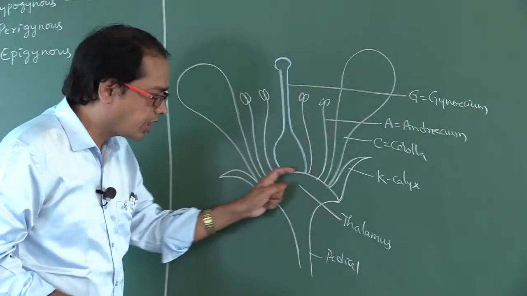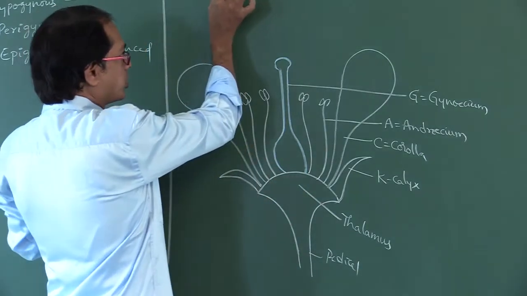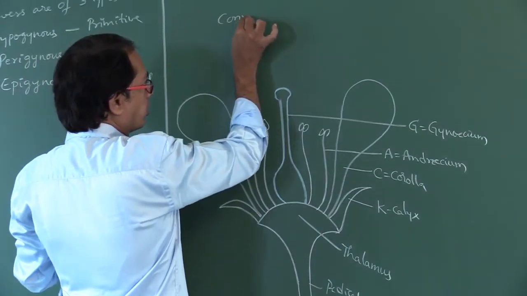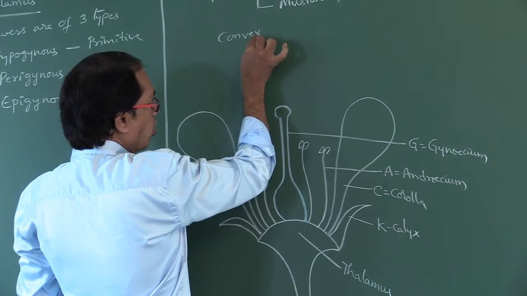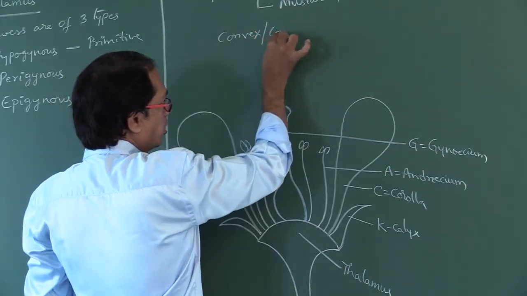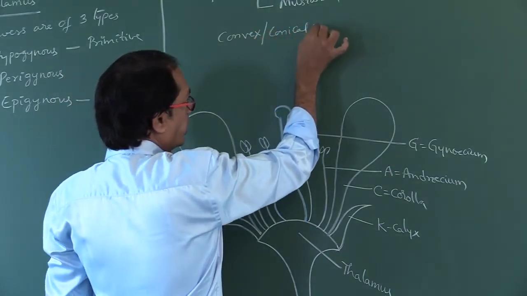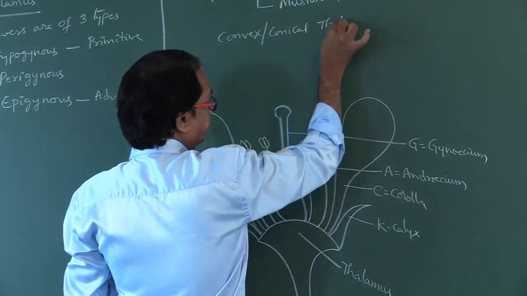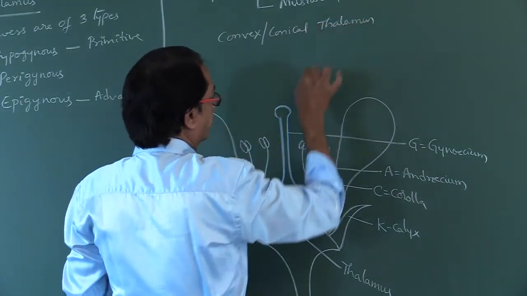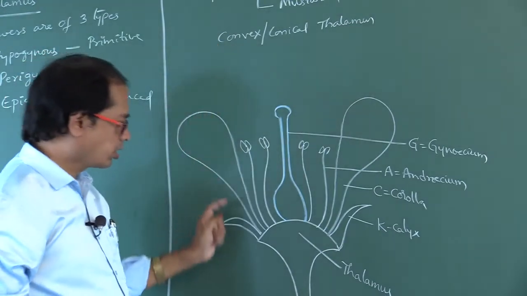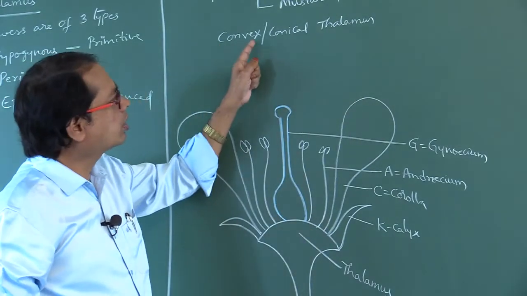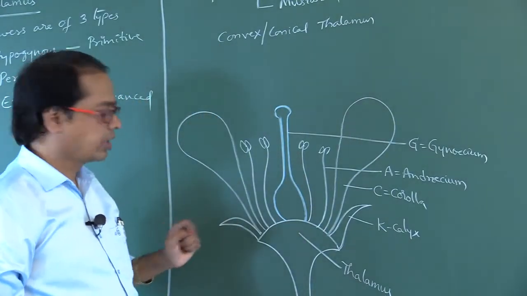So thalamus shape is convex or conical. Thalamus is convex or conical thalamus.